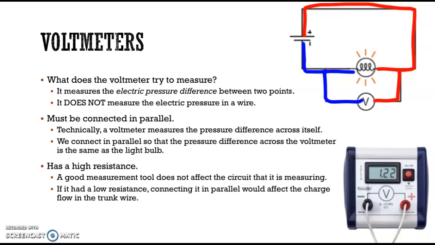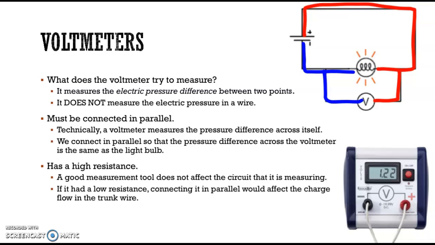Now, in order to do that well, it does have to have a high resistance. Even if it had a low resistance, it is true that the pressure difference would still be the same. But a good measurement tool doesn't affect the circuit that it's measuring at all.